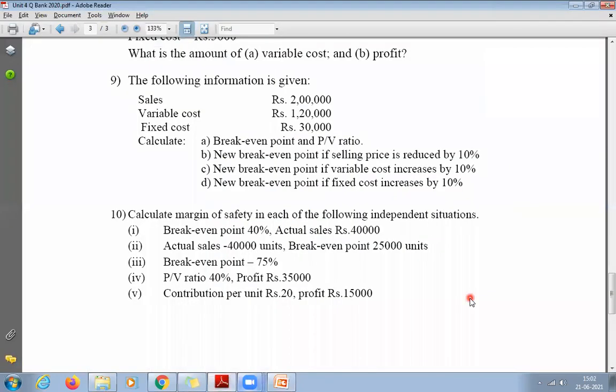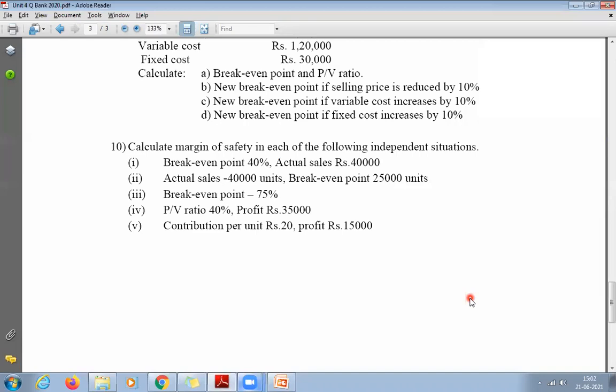Anyone, please read. Calculate margin of safety in each of the following independent situations. First, break-even point is 40%, actual sales 40,000.